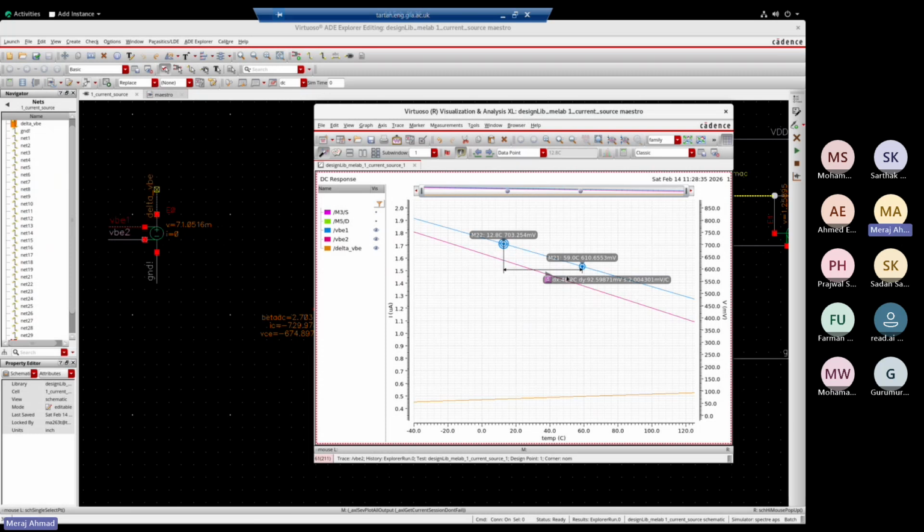And this is my delta VBE, so I will press N and D. This is how much? 0.23 millivolt.